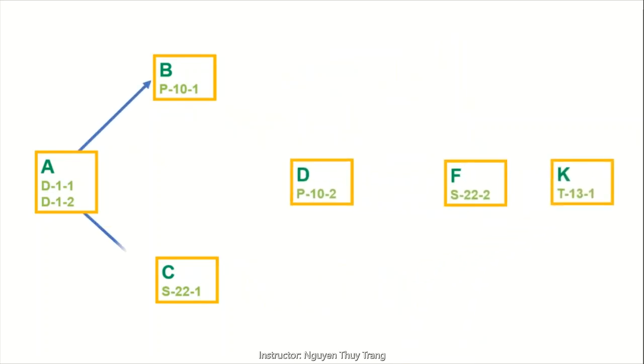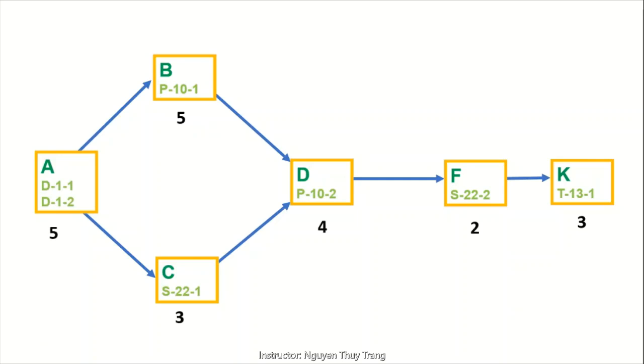The manager derives activity time estimates from the task times in the work package. For example, activity B or first prototype requires 5 weeks to complete, while K or testing activity requires 3 weeks to complete. Okay, so this is a project network.